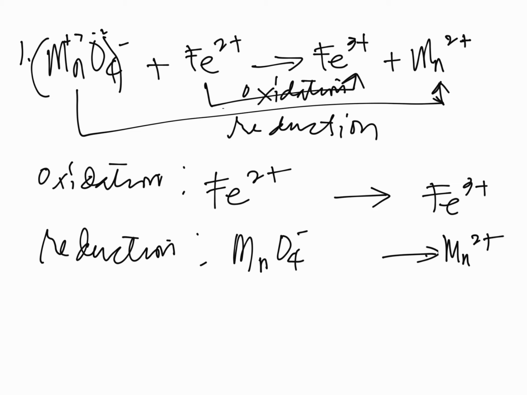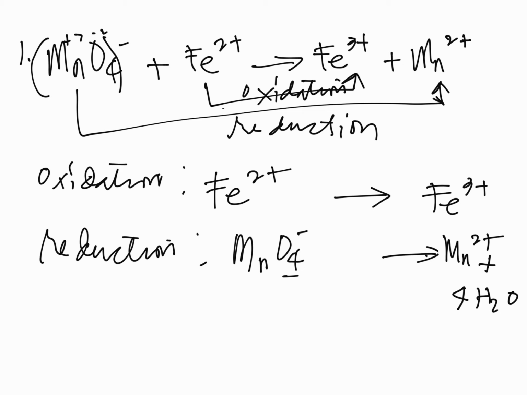Next, you balance the elements. The coefficient for Fe is 1, so that's good. Mn is 1, but we have 4 oxygen here. To balance oxygen, you need water. So you add on the other side H2O. That would be 4 water to make it 4 oxygen.